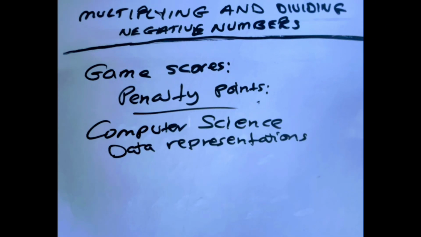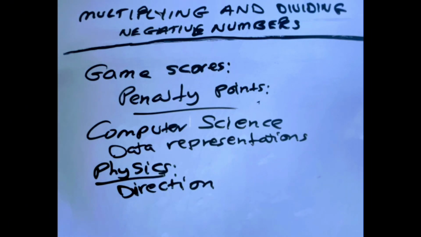So in programming, negative numbers are often used in calculations, algorithms, and data structures. We can also use negative numbers in physics. When talking of direction, negative values can represent directions such as velocity or displacement, indicating motion in the opposite direction.